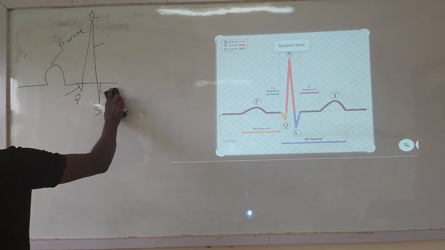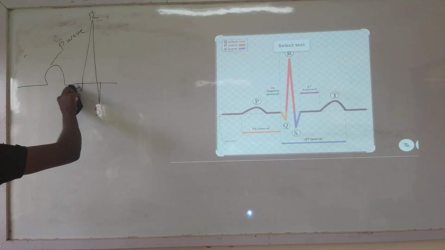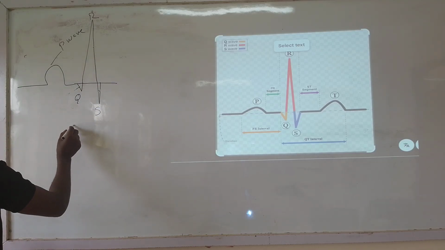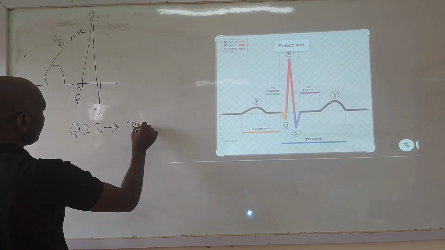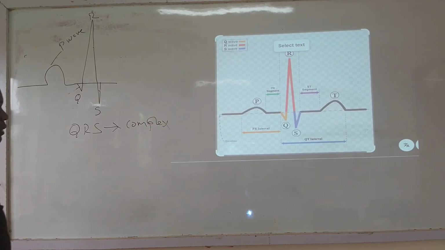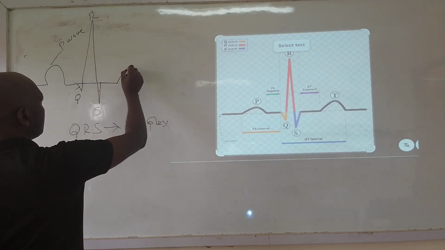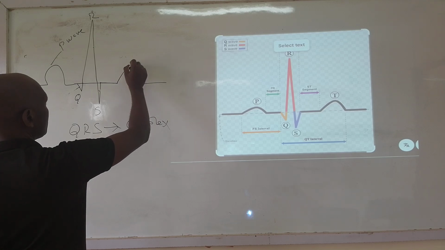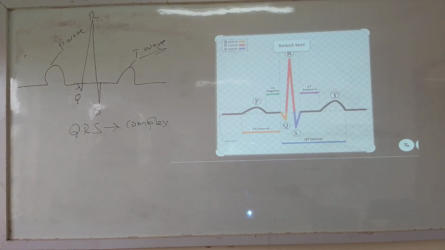When we combine the three, that is when we get what we call the QRS complex. So from here now, you get a flat line, and then you get your T wave here. This one usually indicates ventricular repolarization.